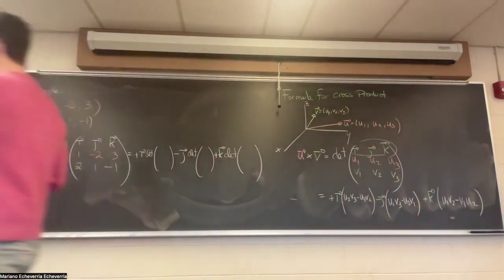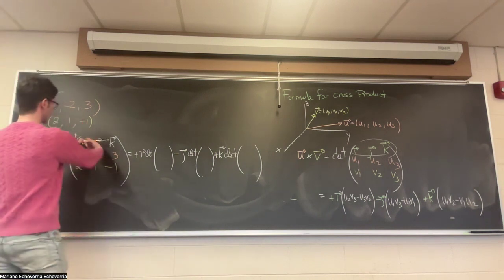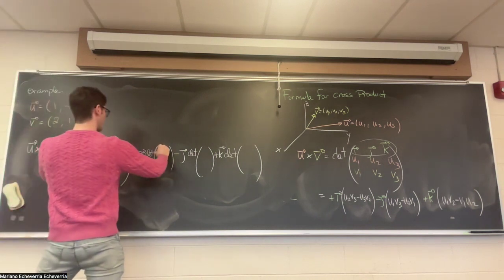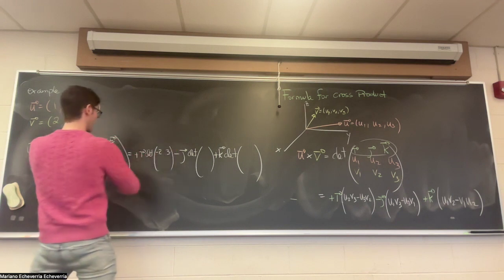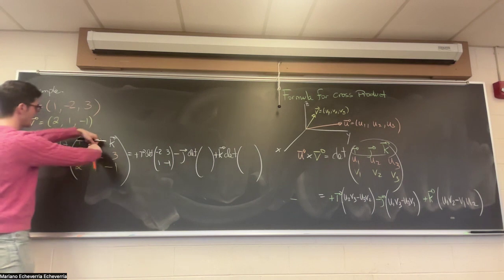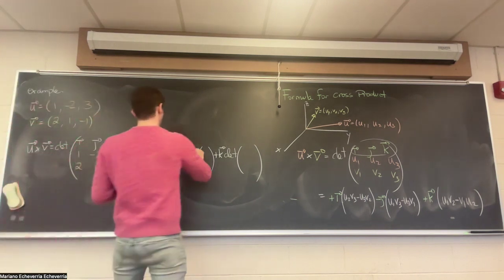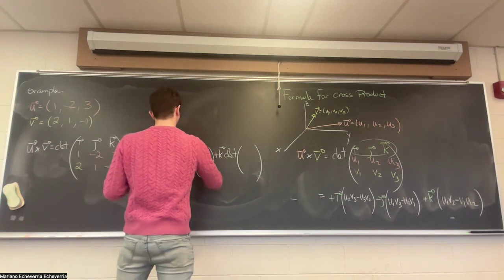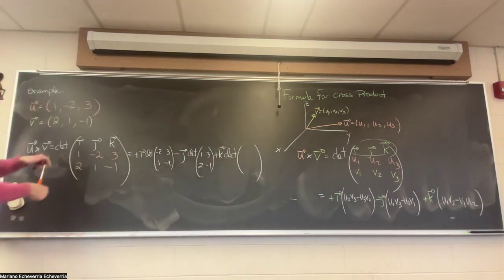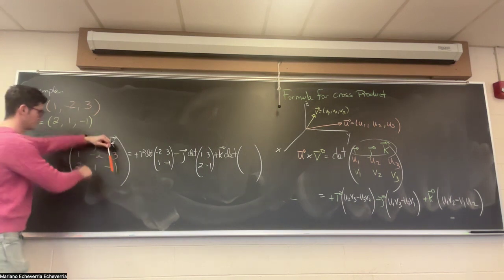So when you delete this row and column, you get 2, -3, 1, -1. When you delete j, you get 1, 3, 2, -1. And the last one, when you delete the k, you get 1, -2, 2, 1.